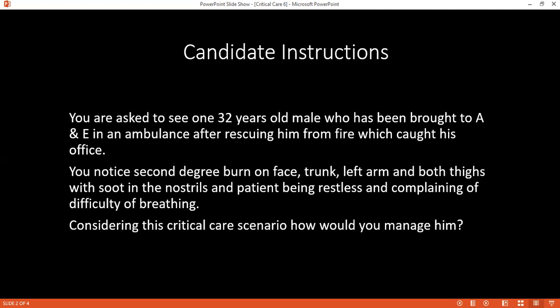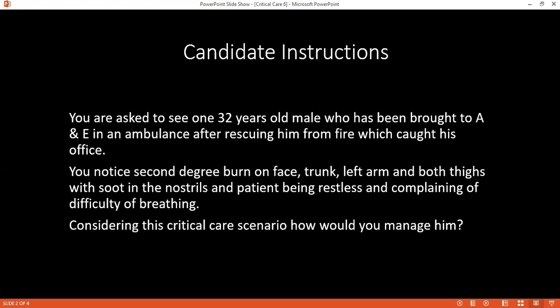Can you tell me, if you fail to manage this patient, what are the complications that these burns can lead to if you don't manage this patient on time? What is the sequelae of this burn patient?